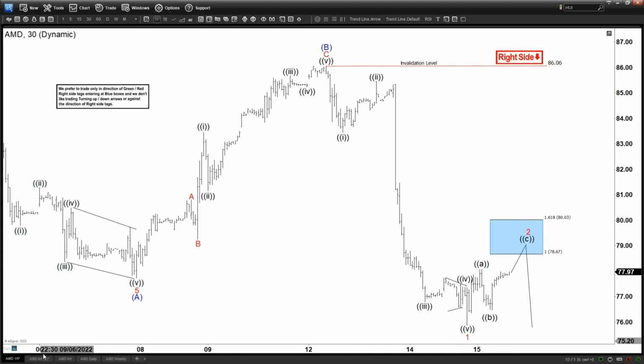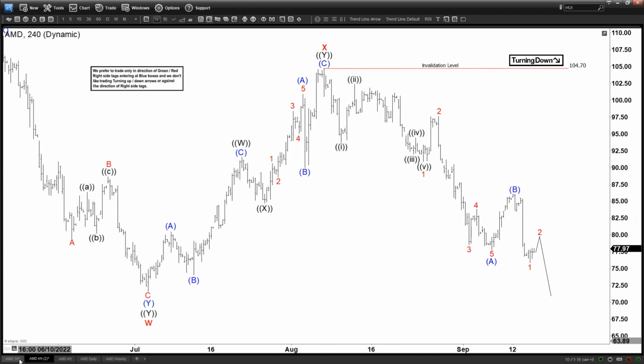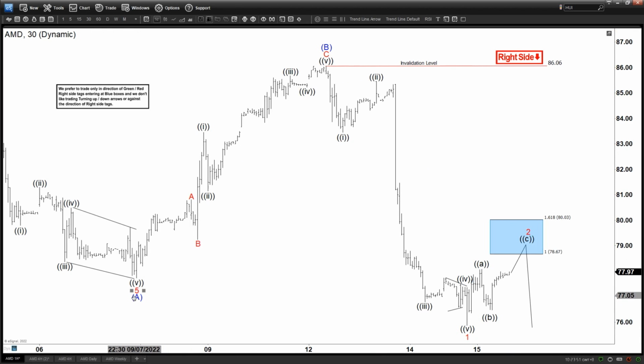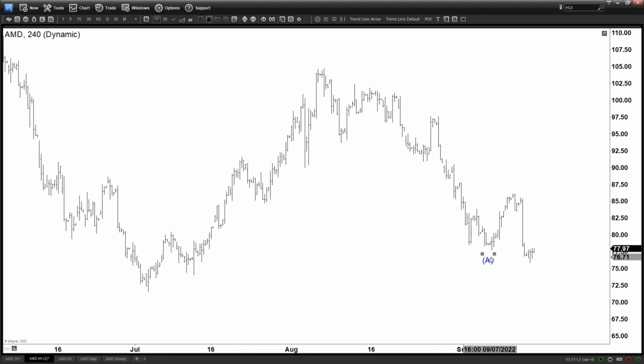Now to give you even another possibility here, this is the 4-hour time frame, by the way, in which let's focus on, let me erase this. Let's focus on this A and B here. This is your A and B. Now to give even another wrinkle of the possibility here is that the decline starting from August 5th, right?